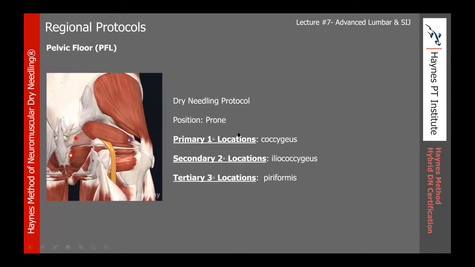So here, our primary location is going to be coccygeus. Our secondary will be Iliococcygeus, and then lastly, we'll cover piriformis, either laterally or medially off the border of the sacrum. So all three of those can elicit a change in that pelvic floor.